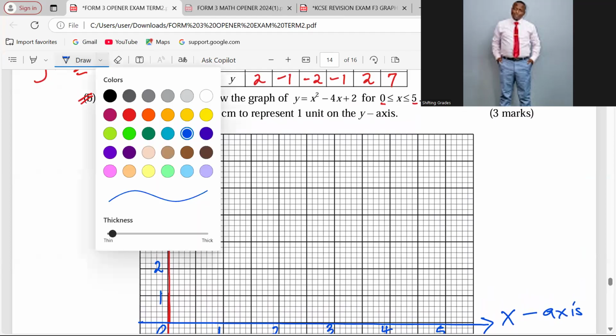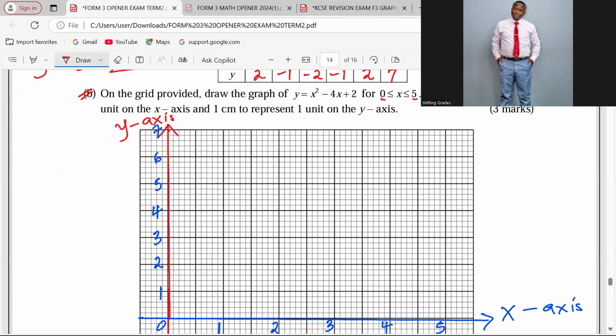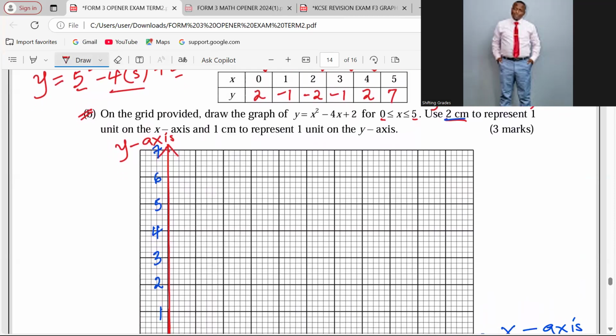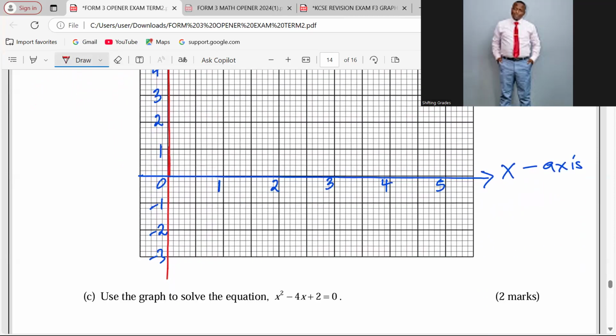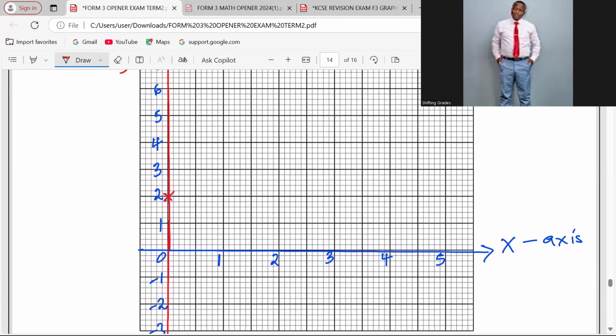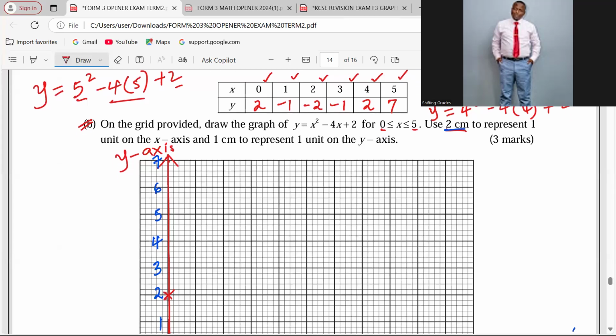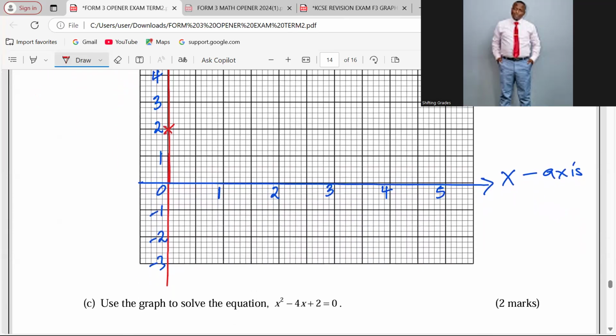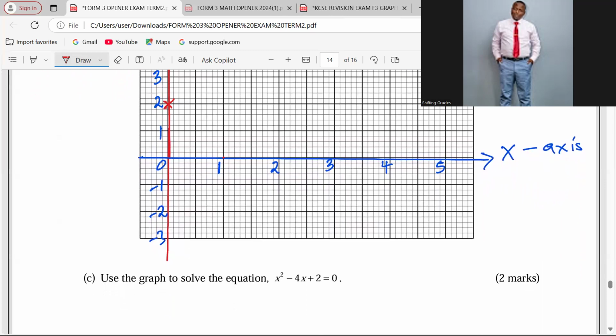Let me plot using red. 0, 2, this is the point. After 0, 2, we have 1, -1. So 1 on the x and -1 on the y.